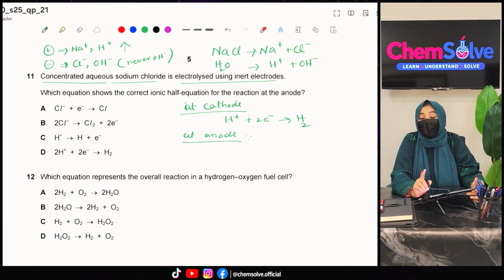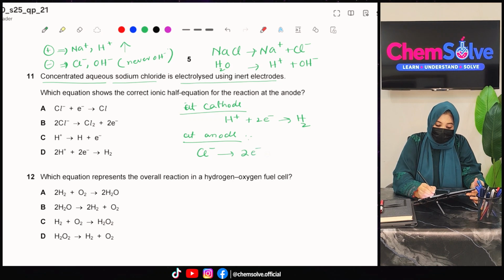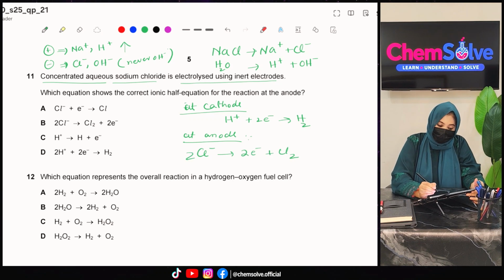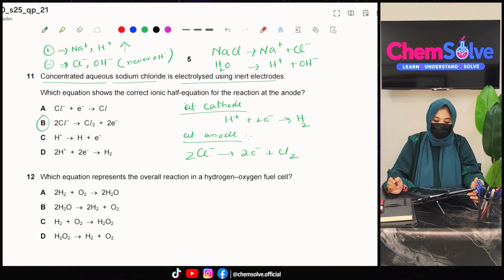We will only take Cl negative ions. So at the positive electrode, Cl negative ion will go and it will be oxidized, will form Cl2. So according to this discussion, option B is the correct option. Okay.